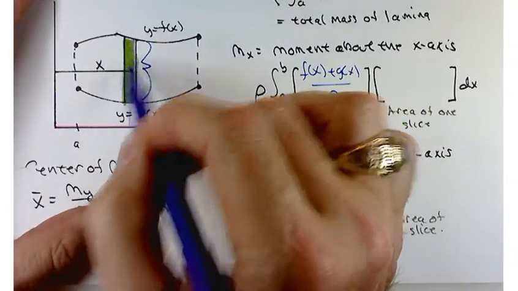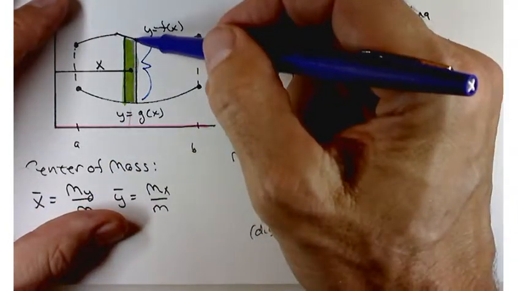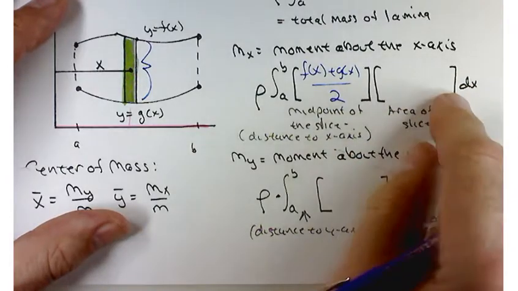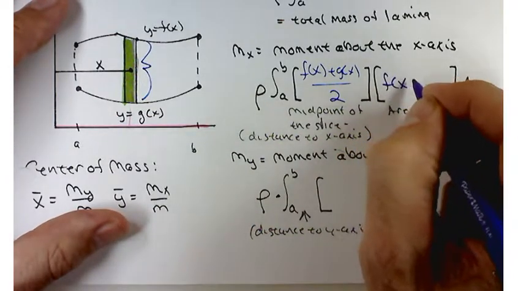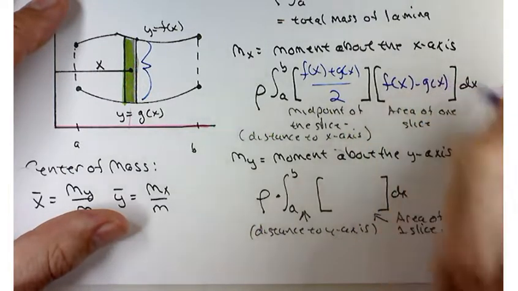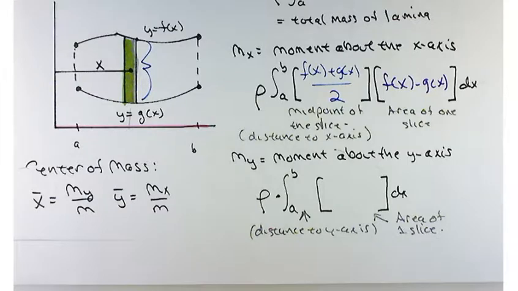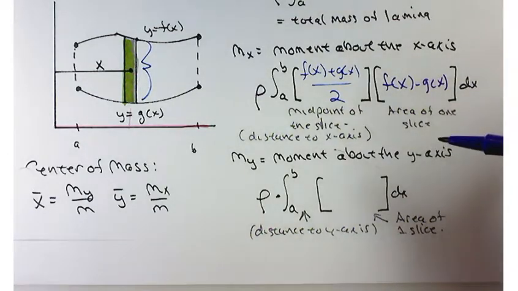That distance times the area. Well, the area is just going to be the top minus the bottom times the thickness, which is going to be our dx. So f of x minus g of x times dx. That's going to be your moment around the x-axis.